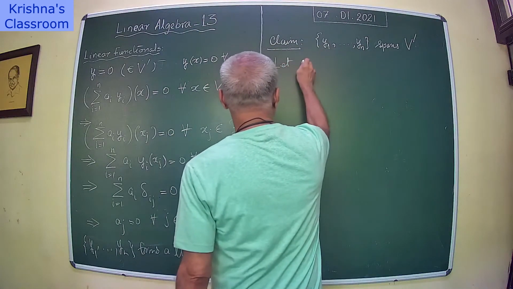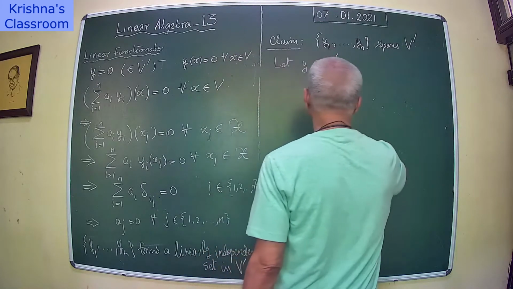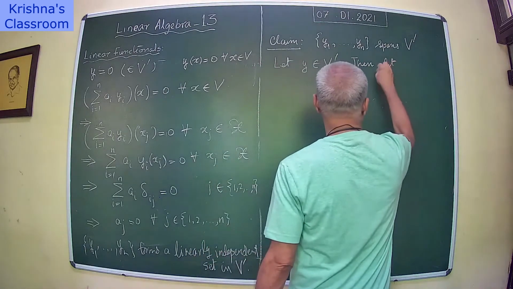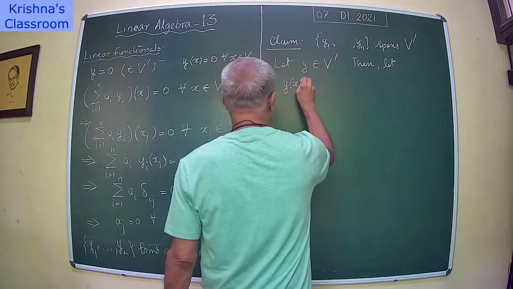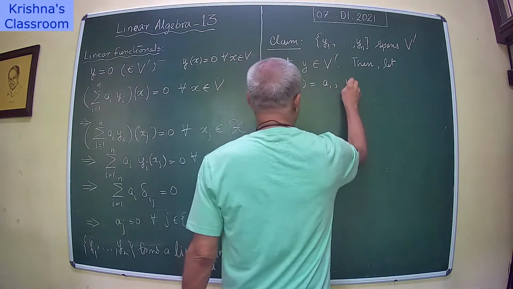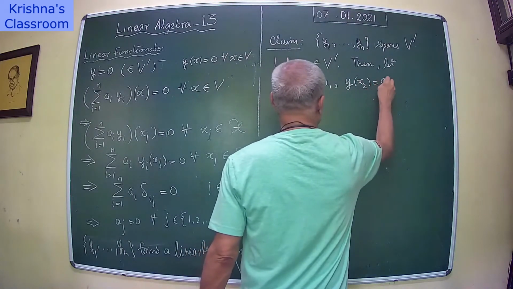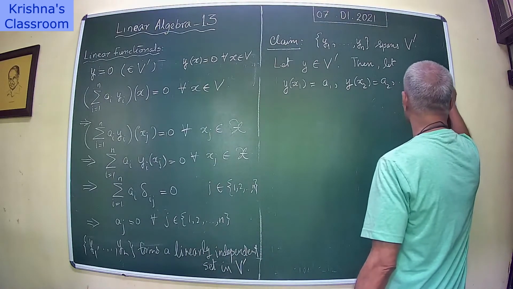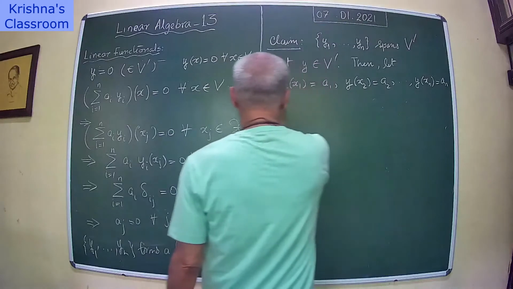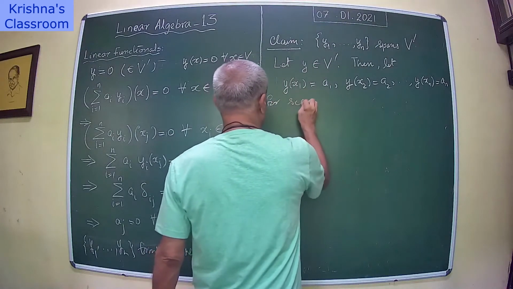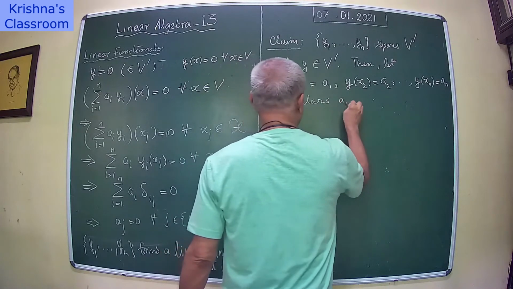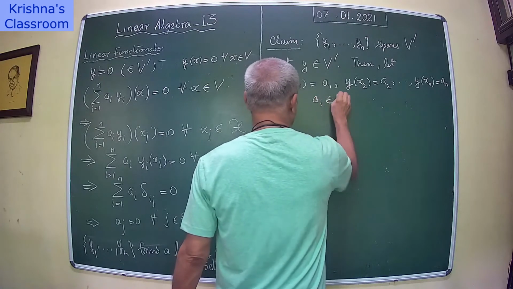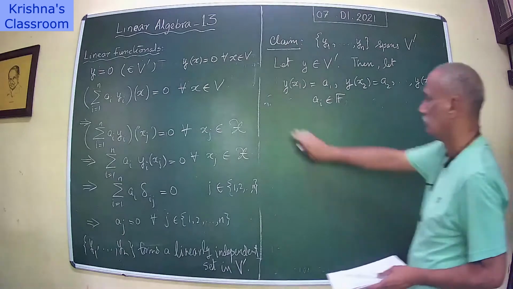Let y belong to V prime. Then let y of x1 equal a1, and so on up to y of xn equal an. Or we can say that y of xi equals ai.